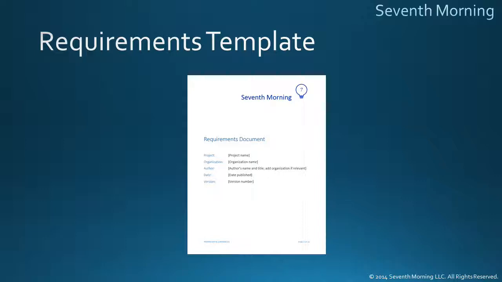So let's start with page 1. The first page is simply a cover page. It has a bunch of parts that you're probably already familiar with, things like project name, organization, that kind of thing. I'll just call your attention to a couple of things. If you want to swap out the 7th Morning name and logo, they are in the header of the document. 7th Morning, we have no problems with your doing that at all.